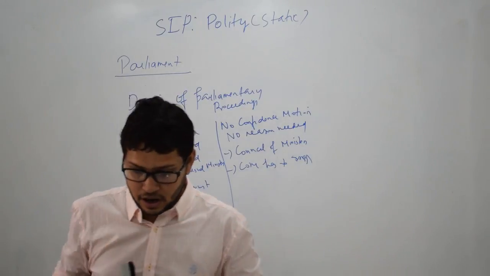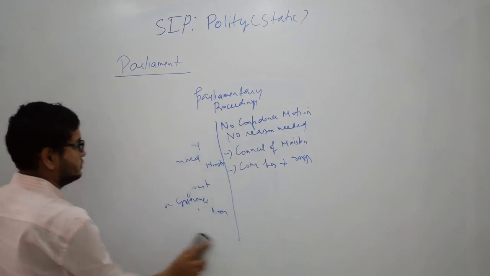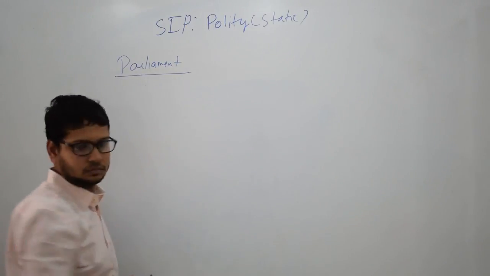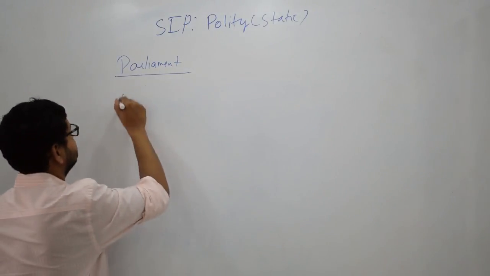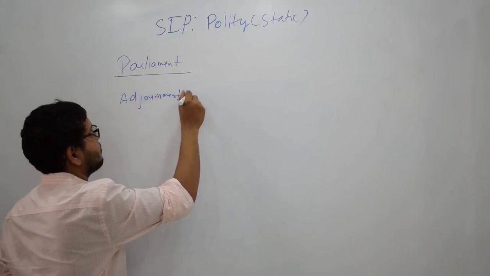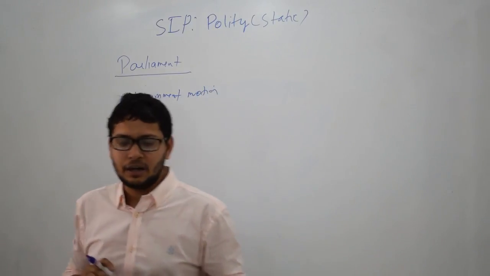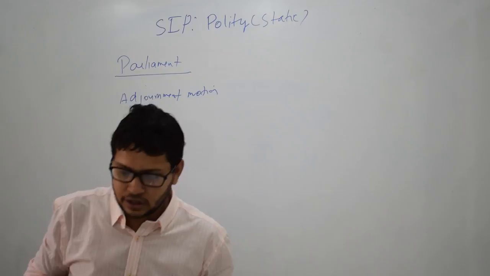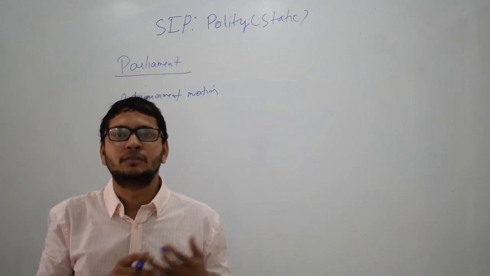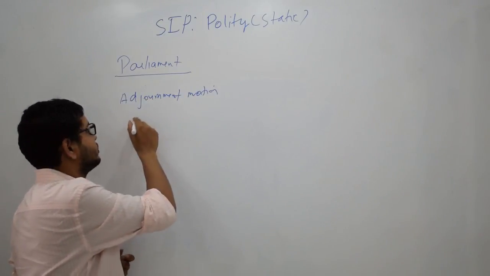Next we have adjournment motion. It is introduced in Lok Sabha to draw the attention of the House to a definite matter of urgent public importance, and you need 50 members for its support to be introduced.